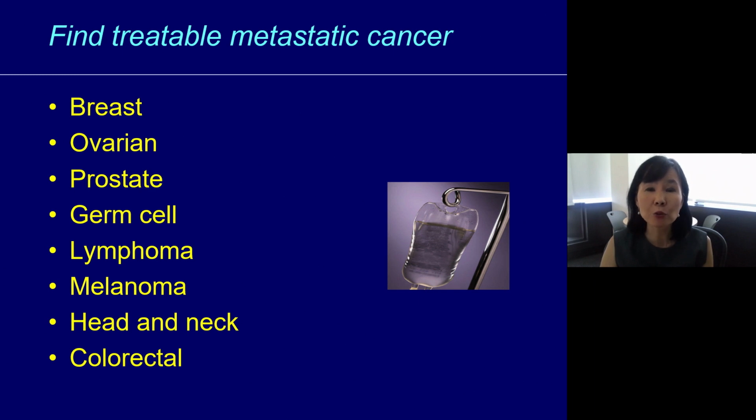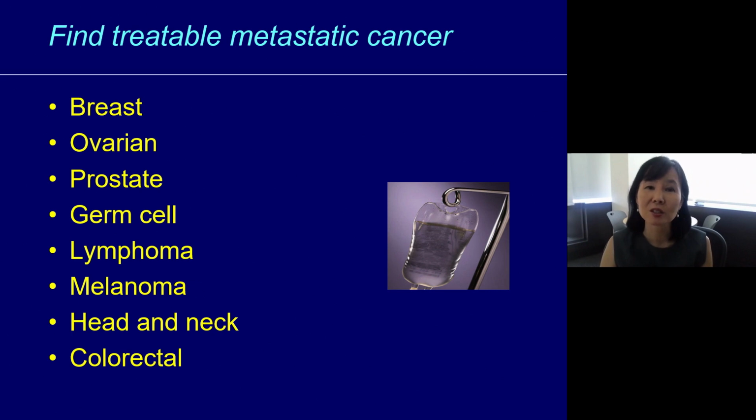And then finally, when you think of cancer of unknown primaries, you really want to focus on finding treatable metastatic cancers. So metastatic cancers that if you treat them, they can generally have a good many years of survival and good quality of life. And this list actually has been changing over time and increasing over time as we've gotten more and better cancer chemotherapies and treatments.